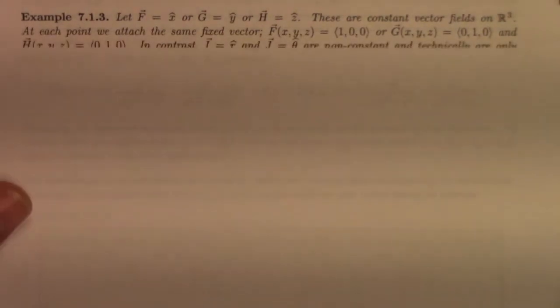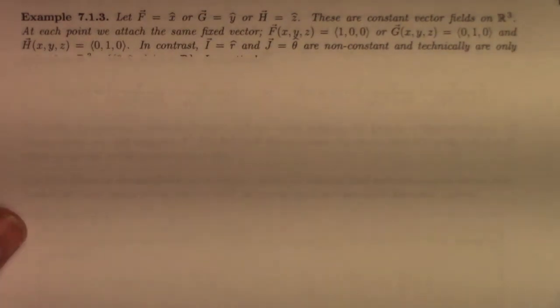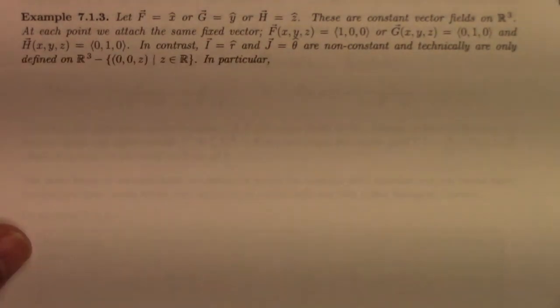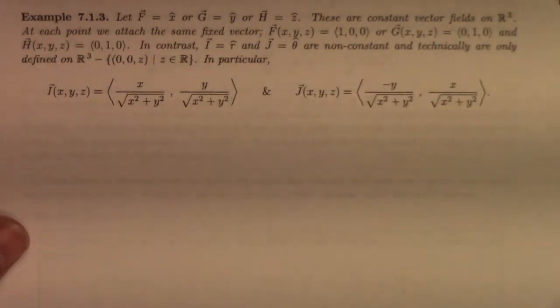You can look at them that way, like x hat is perpendicular to x equal to a constant, and likewise for y hat and z hat. Anyway, these are constant vector fields in R3. And then also we had r hat and theta hat in R3 in view of cylindrical coordinates, and there are the formulas.